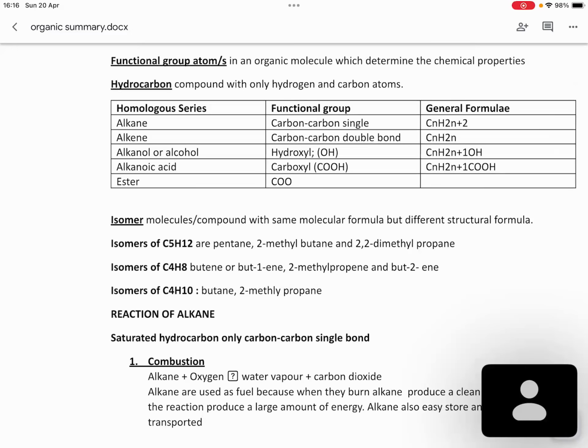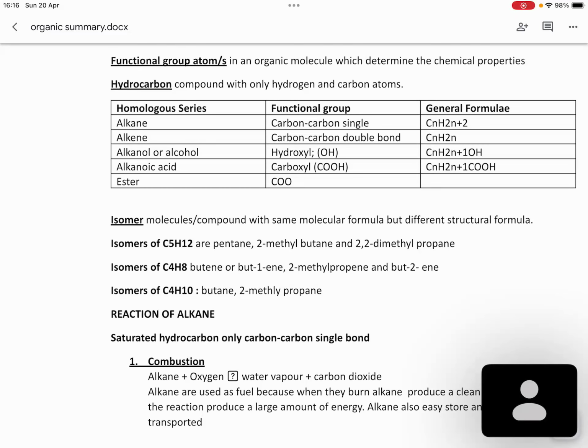Now, what are isomers? Isomers are molecules or compounds with the same molecular formula, but different structural formula. Students tend to mix up isotopes, isomers and allotropes. So although it's organic chemistry, I will discuss each of them now. Isomers: molecules with the same molecular formula, different structural formula.